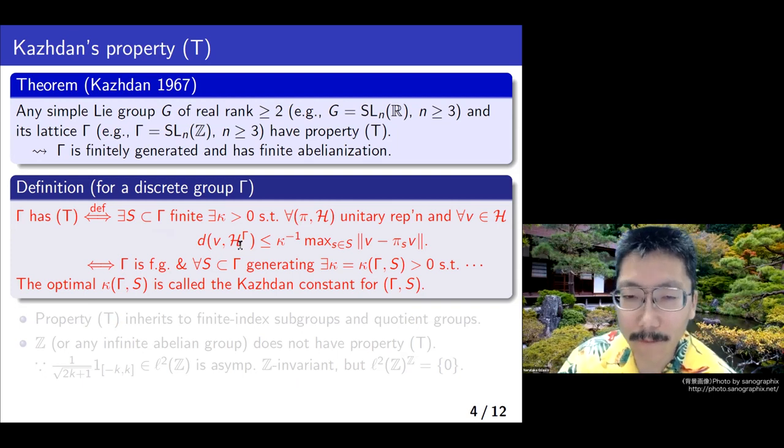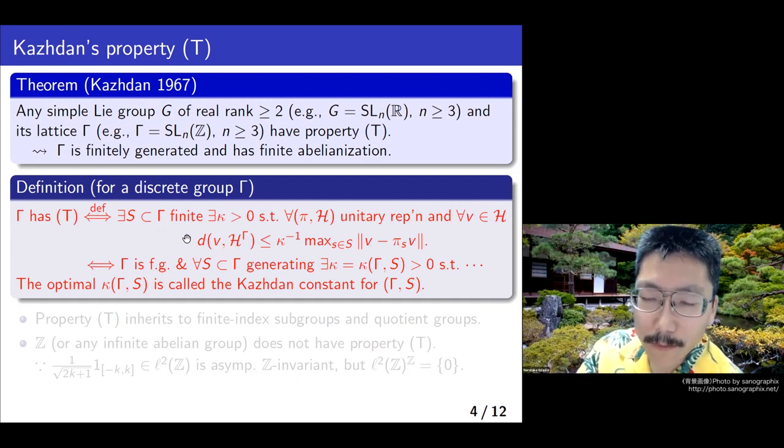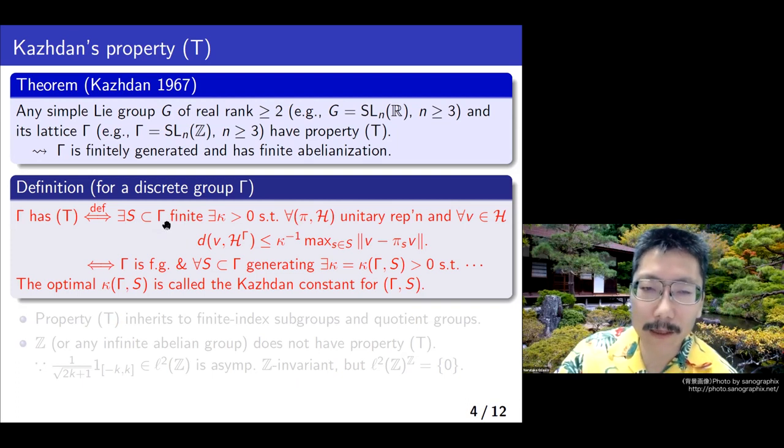So an almost invariant vector is close to an honestly invariant vector. This is a rigidity property. If a group has this property, it's said to have Kazhdan's property T.